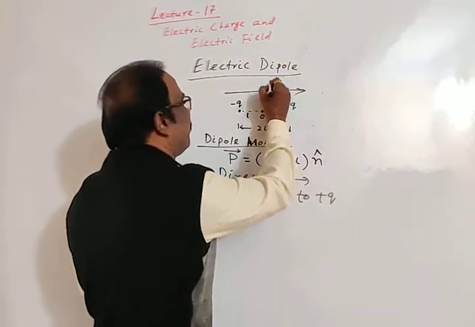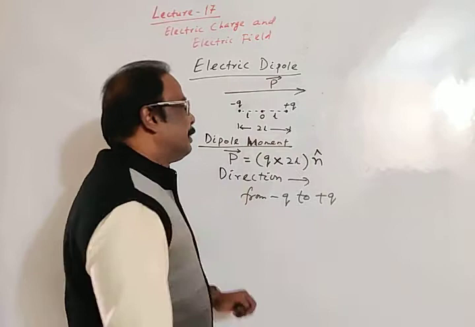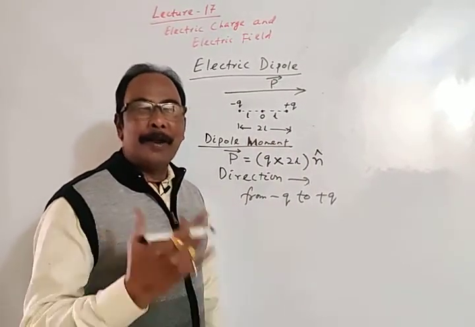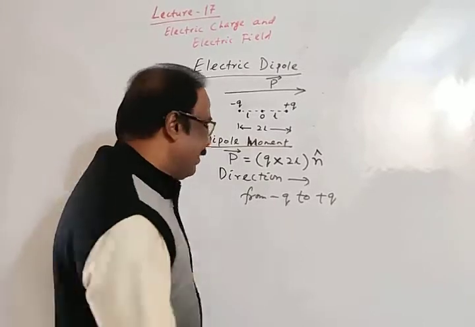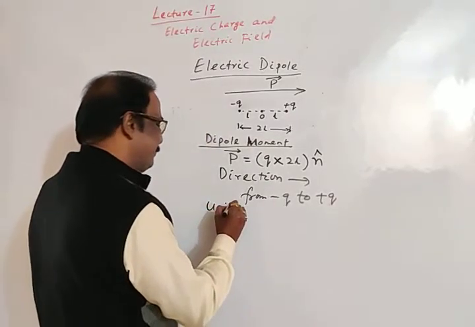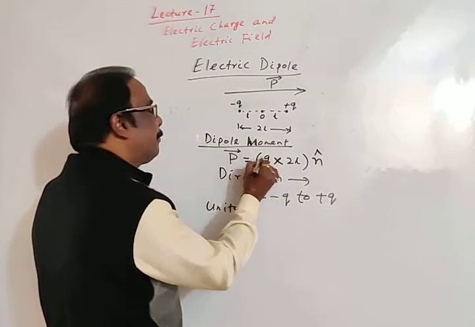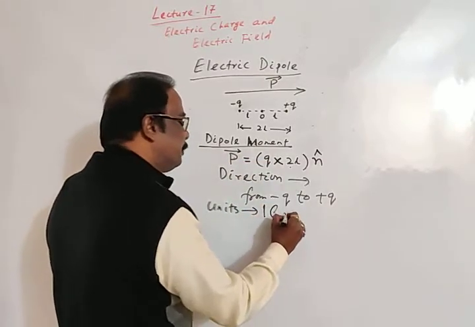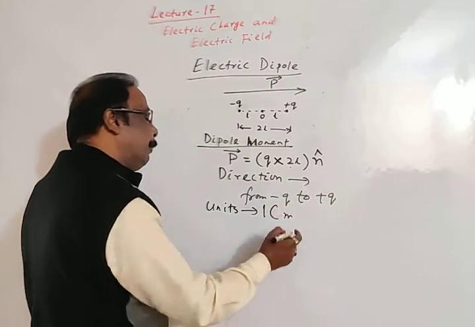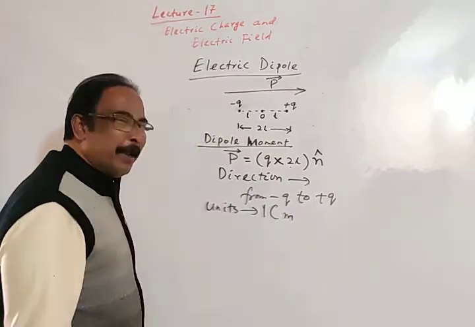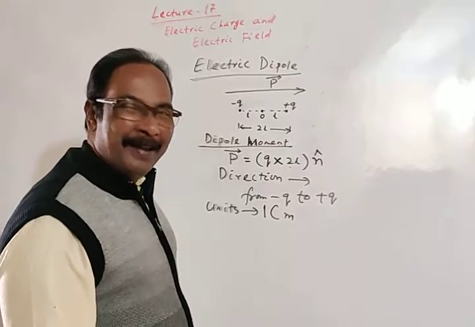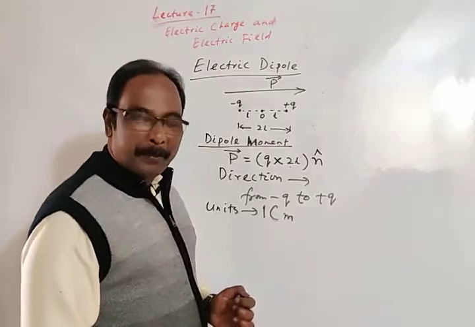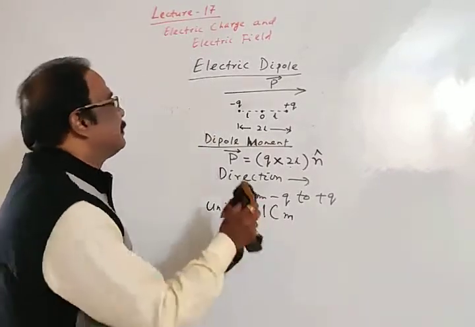So the dipole moment is a vector quantity, and the unit of electric dipole moment follows from charge in coulomb and distance in meter, so coulomb meter. Accordingly, you can find the dimensional formula. So this is about the electric dipole and dipole moment. Then some terms.